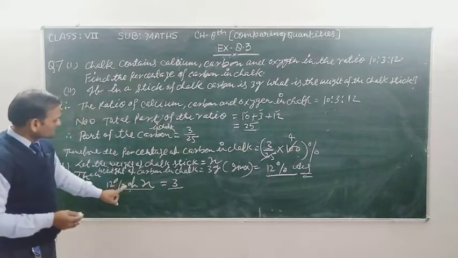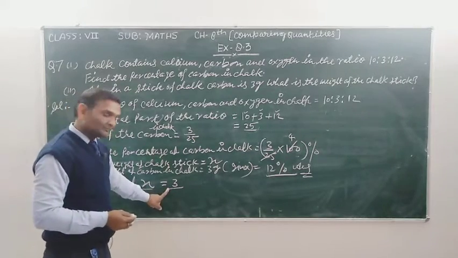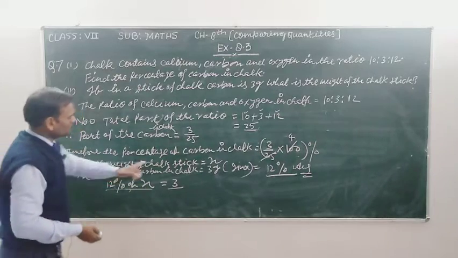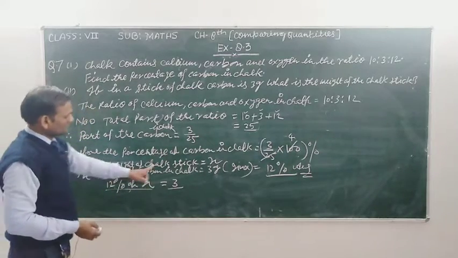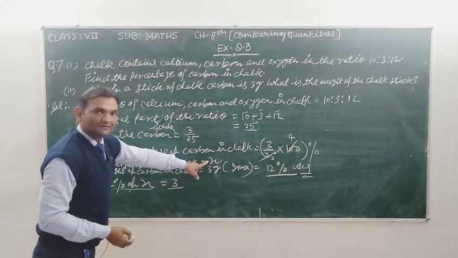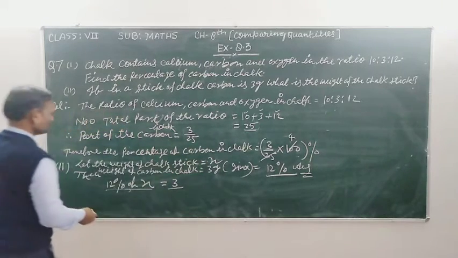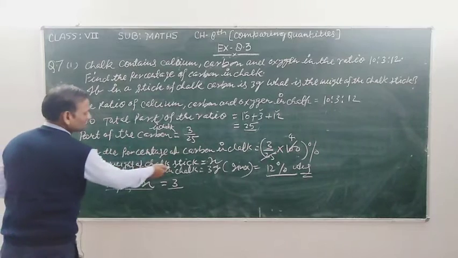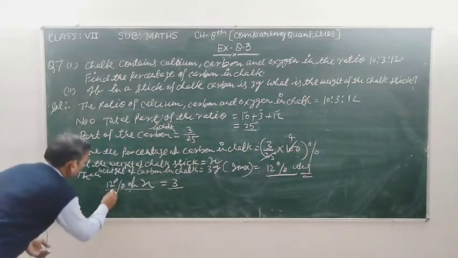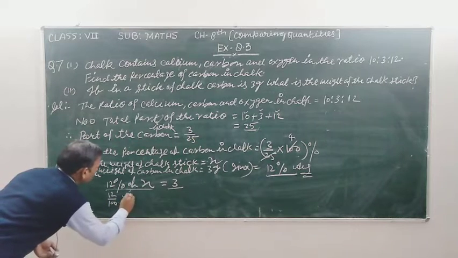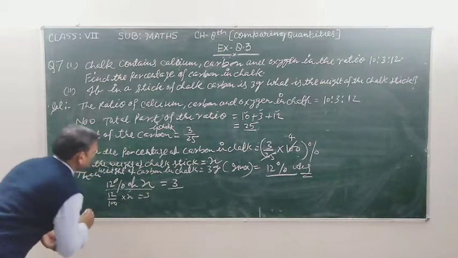So 12% of x is equal to 3. So find out the x. Then you can find out the weight of the chalk stick, because you have assumed x as the weight of the chalk stick. So 12% means 12 upon 100 into x is equal to 3.